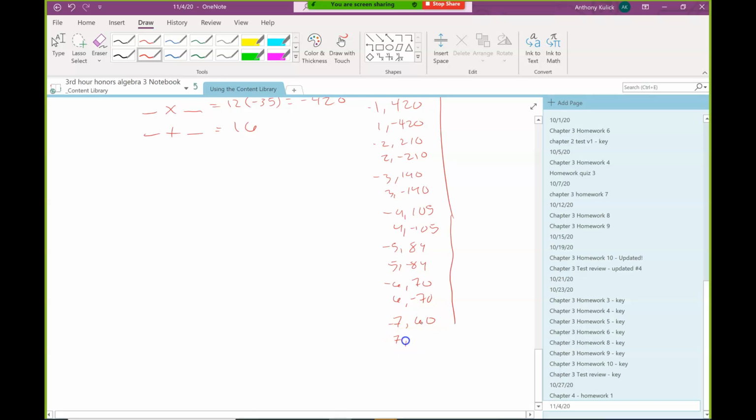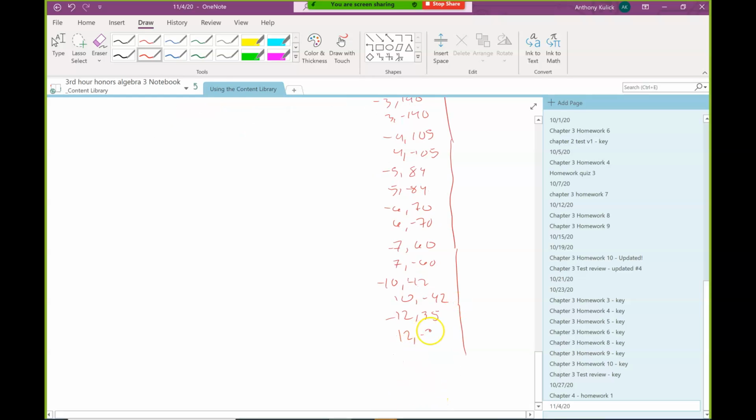So 8 doesn't go, 9 doesn't go in, so I'll skip that. 10 obviously works. 11 doesn't go in. 12 does. 13 doesn't go in. 14 does.